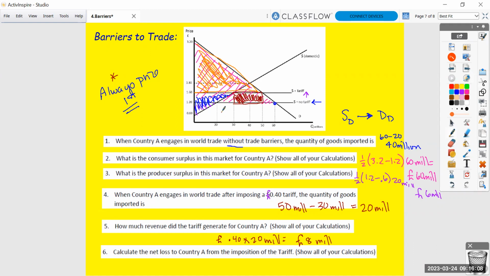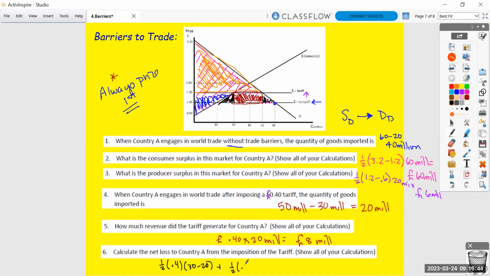Do you guys notice that there are two areas that are not shaded twice? They're only shaded the first time. So we have a loss of this triangle and this triangle. That is going to be the net loss to country A. It was a loss in their consumer surplus. So that's two triangles, which is going to be 1/2 times 0.4 times (30 minus 20).